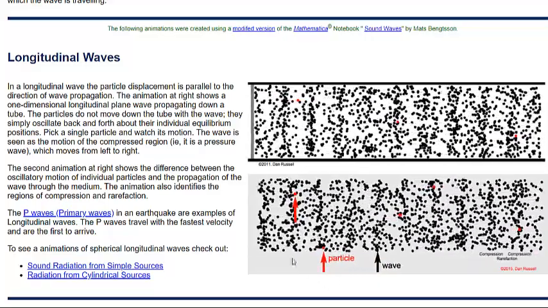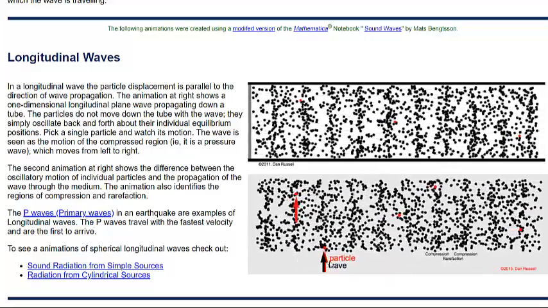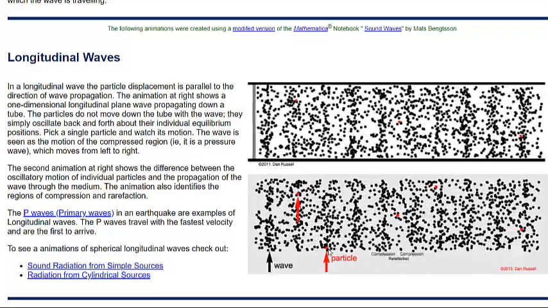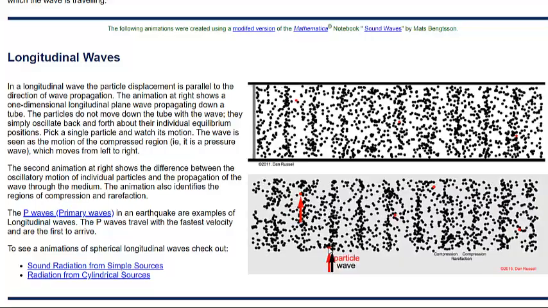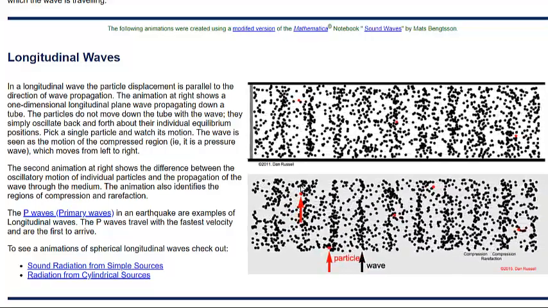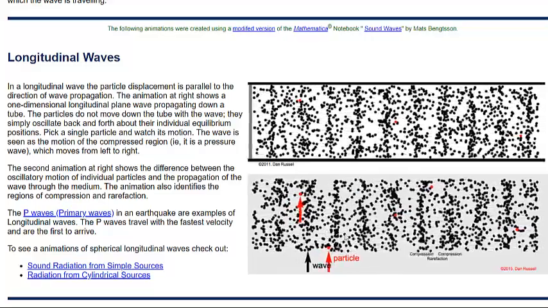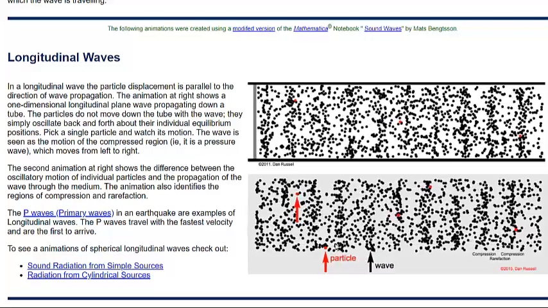So down here you see a better depiction of that, where you see the wave is propagating, but the particle, here's a little red dot here, the particle is moving from left to right. Each particle in here, although it is an optical illusion that makes it look like it's propagating, the actual molecules are just moving backward and forward.